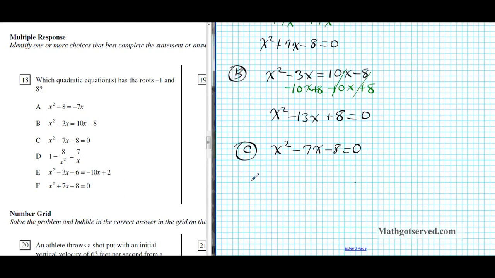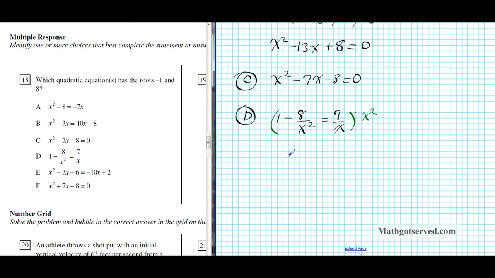Let's take a look at option D. Option D is 1 minus 8 over x squared equals 7 over x. To place this in standard form, we're simply going to multiply the entire equation by the LCD of x squared and x, which is x squared. So we'll multiply through.